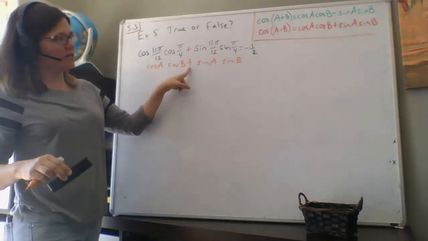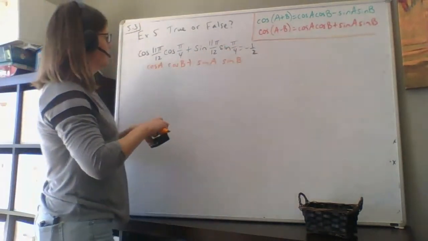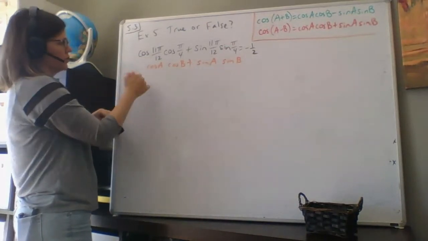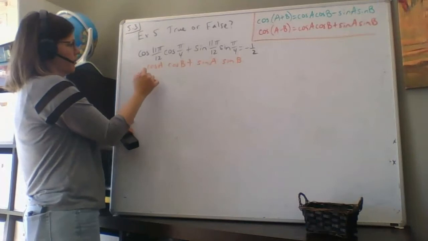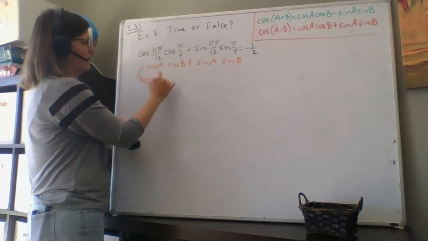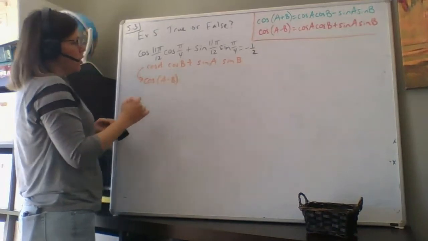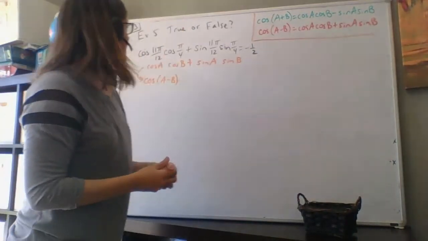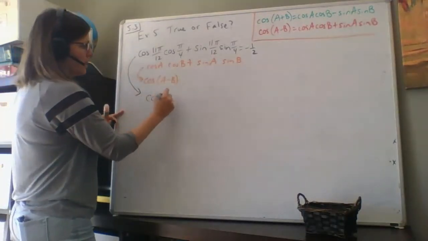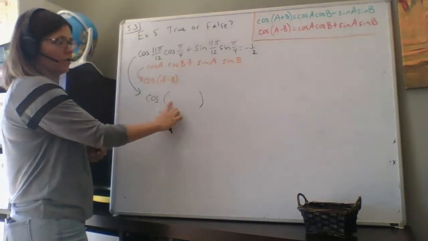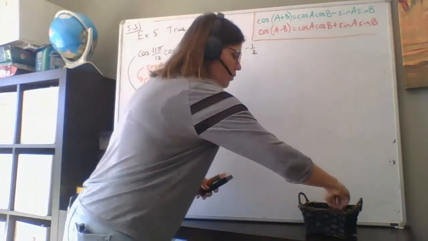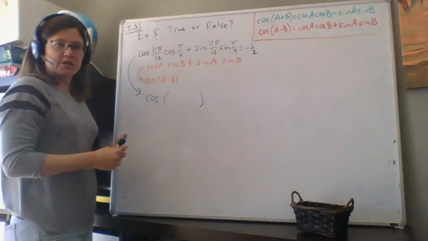Because it's a positive, that's going to be a cosine of A minus B. So this orange right here shows us that this is going to give us the cosine of A minus B. Now if we return back to the original, we could rewrite this as a cosine of one angle minus another angle.